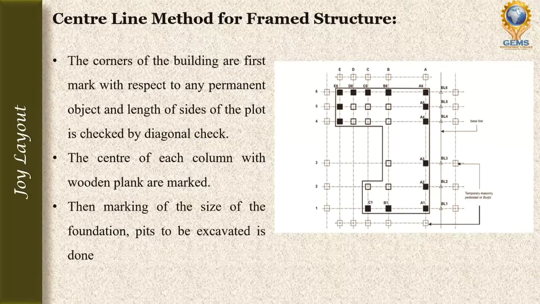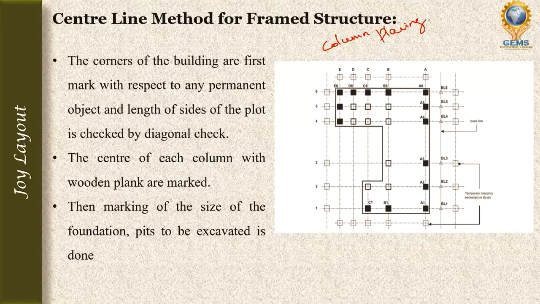Next is the center line method for the framed structure. In a framed structure, we have to do the column placing on the site. So first we have to fix the corner of the building, and again do the length and the diagonal checks.